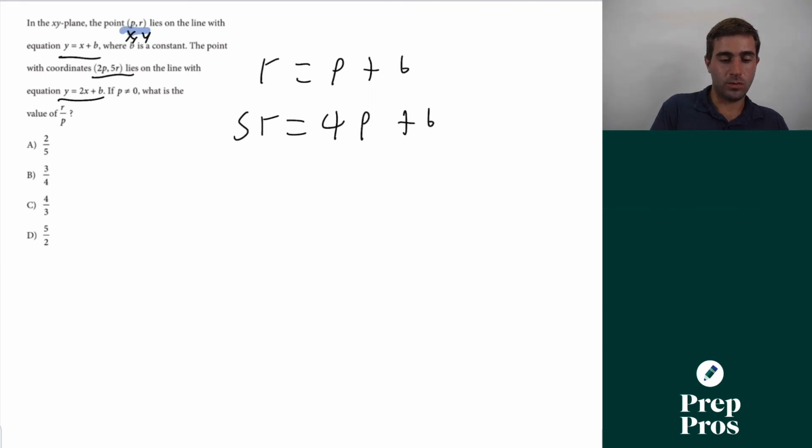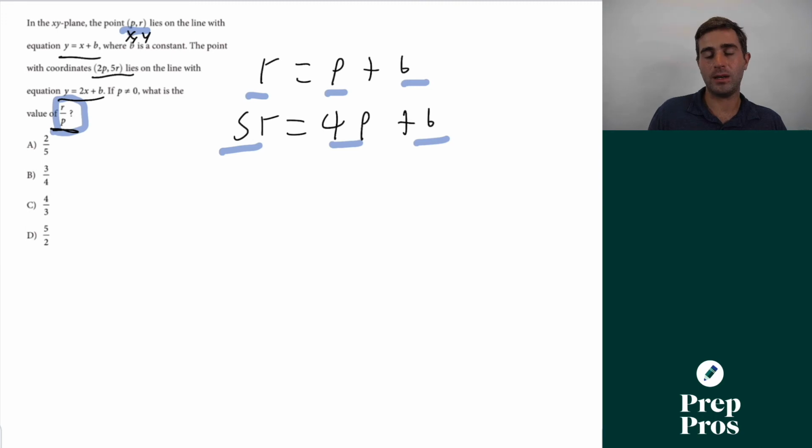Now, the issue is we're currently looking at equations that have 3 variables, and we're trying to solve for r over p. So I want to get rid of the b variable. The easiest way is to re-express this top equation as r minus p equals b. I just re-expressed it in terms of b.